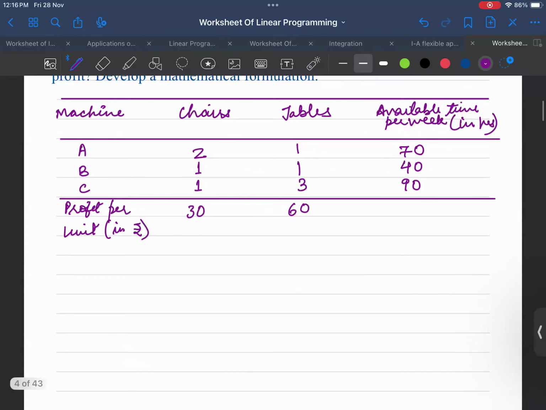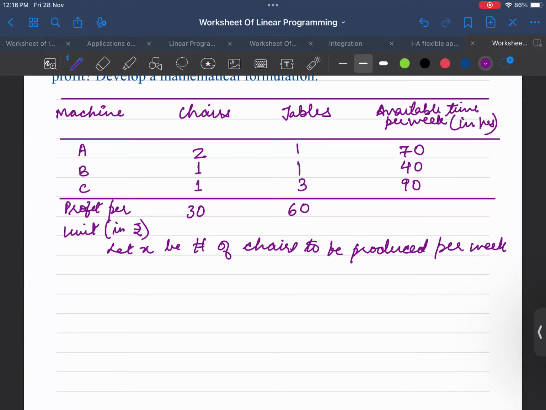And then I'm saying, let X be the number of chairs to be produced per week.